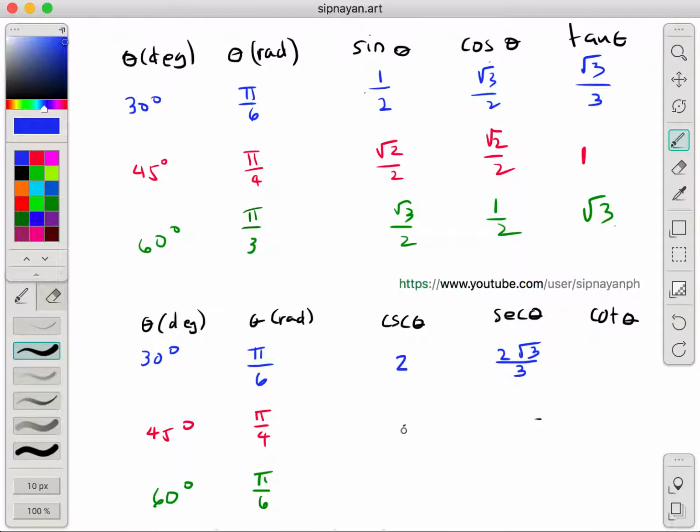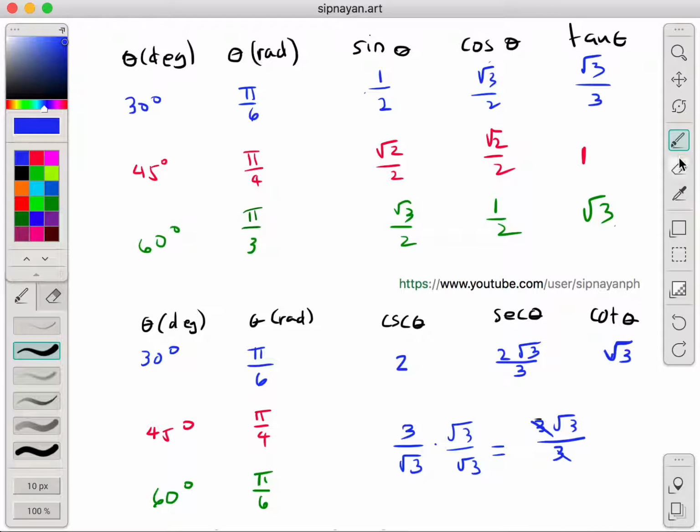We get 3 over square root of 3. We multiply by square root of 3 over square root of 3 to remove the radical. So we have 3 square root of 3 over square root of 3 times square root of 3, which is 3. So this cancels, which means our cotangent is square root of 3 only.